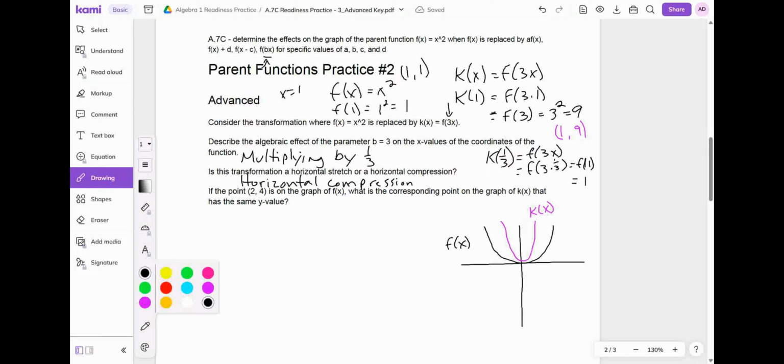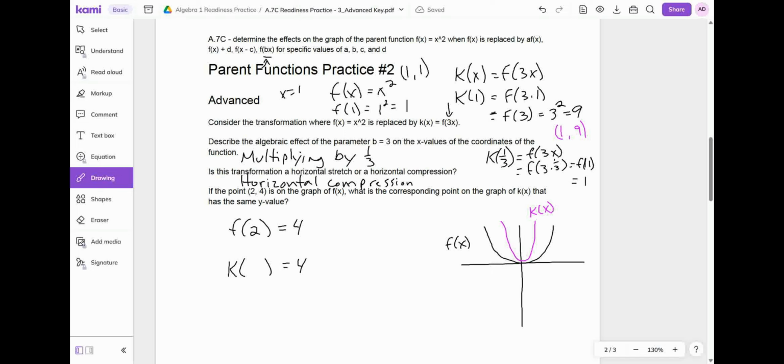And if the point (2, 4) is on the graph of f of x, what would k of x have for the same y value? Well, what would we have to multiply to get that if f of 2 equals 4, right? I want to get that same value. k of what would equal 4? How do I get that same value of 4?